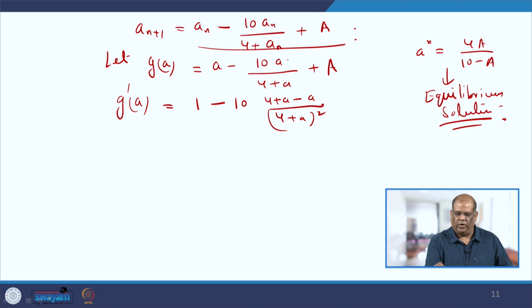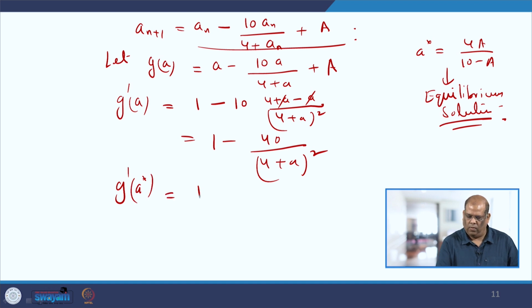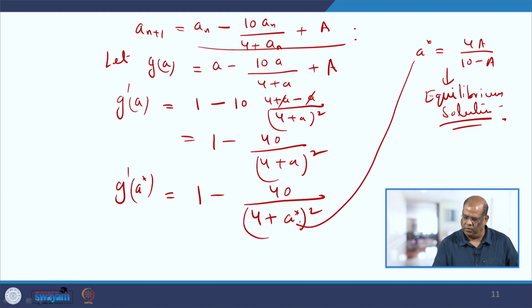If you differentiate this using the u by v rule, you will get this and this cancels, and you get 1 minus 40 divided by 4 plus A whole square. Your G dash A star will be 1 minus 40 by 4 plus A star whole square, where A star will be substituted here.